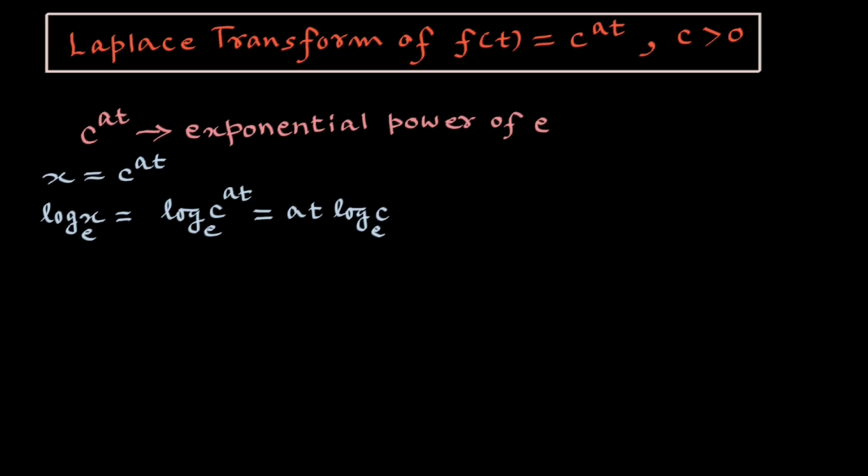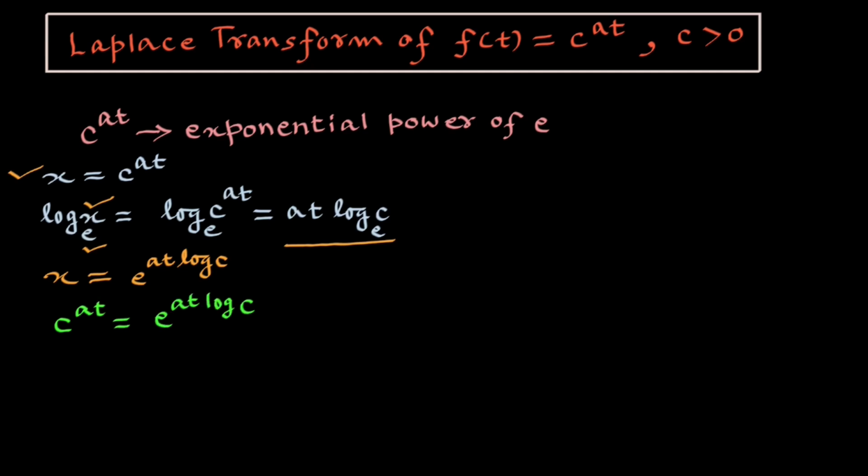Now we can write this logarithmic form in exponential form as x equals e raised to at log c. That is, from here we can write c raised to at equals e raised to at log c.